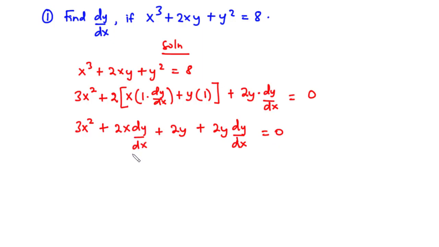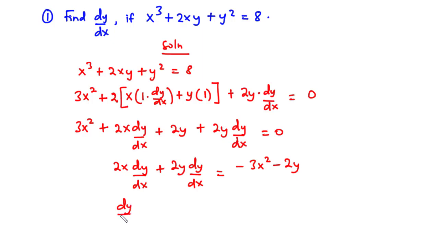Because we want to find dy/dx, let's group the terms containing dy/dx on one side. So we have 2x dy/dx plus 2y dy/dx, and then we transpose 2y and 3x squared to the right hand side, so that becomes negative 3x squared minus 2y.